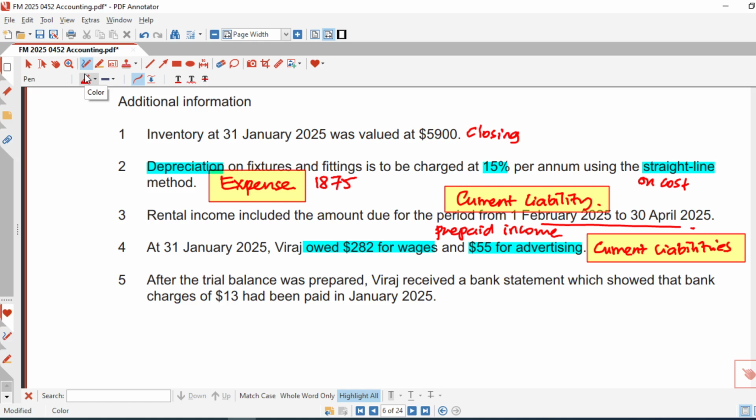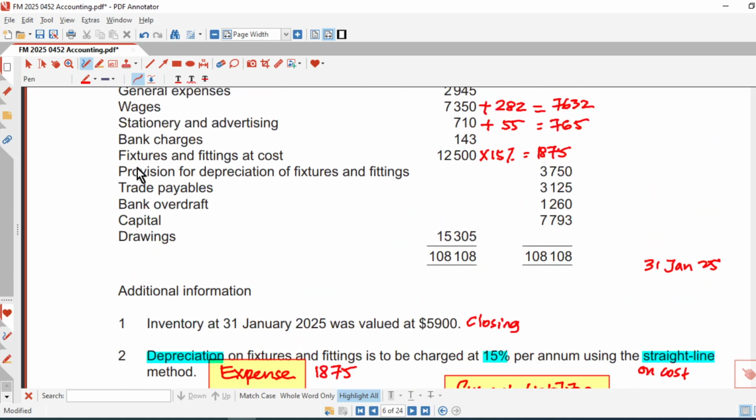After the trial balance was prepared, Viraj received a bank statement which showed that bank charges of $13 had been paid in January 2025. So the bank has charged me for using their service. This is an expense. I'm going to go up to the bank.